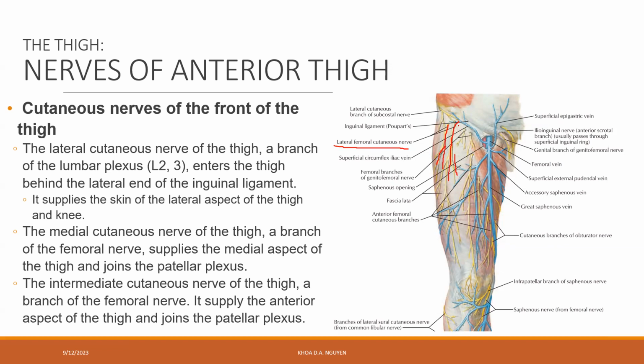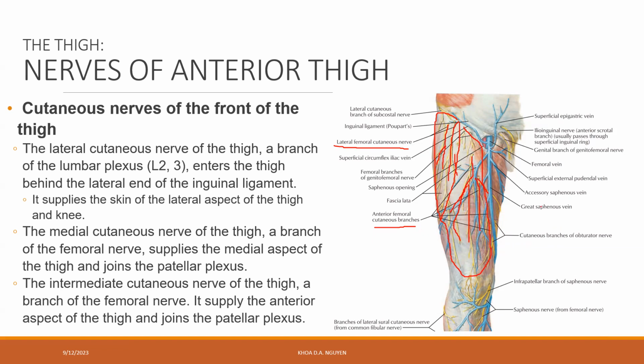And just like the name suggests, it's going to innervate the skin region on the lateral surface of the thigh right here. And then you have these anterior femoral cutaneous branches that come from the femoral nerve. Okay. And this one here is going to innervate the anterior portion of the thigh right here.